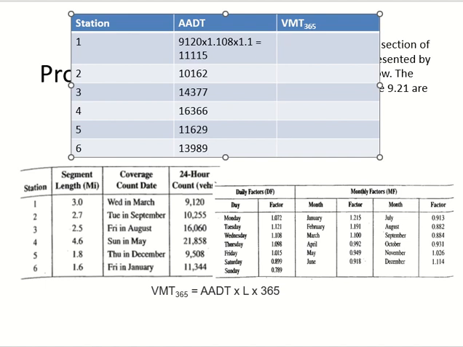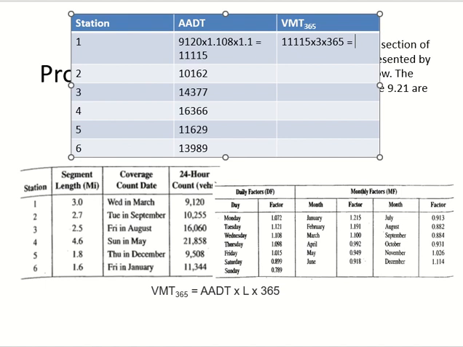Now for the VMT of the entire year, first of all I will take this value and multiply by its length. The length is 3 miles, multiply by 365. Okay, now give me big numbers. So we did this.